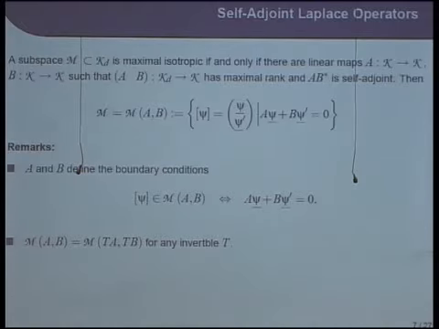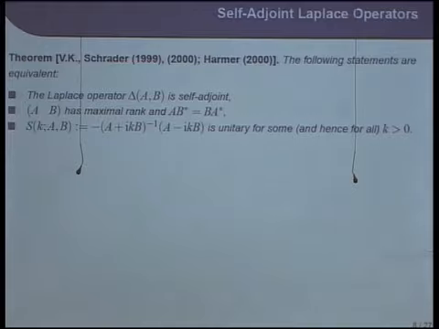This parameterization actually is ambiguous in the sense that if A and B are simultaneously multiplied with some invertible map T, then we will get the same maximal isotropic subspace. So, actually this is a simple corollary of the just presented construction.